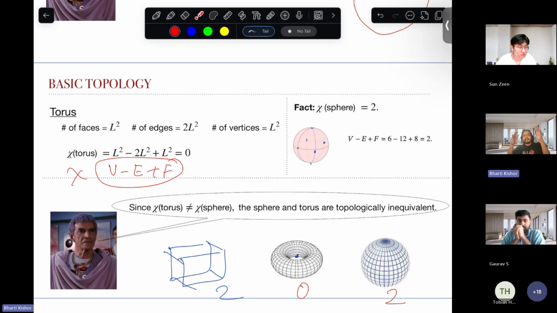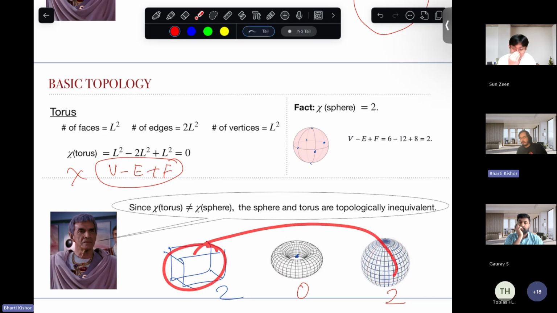You can imagine I can take a cube and just make it like a sphere. Through this bending and stretching, I can go from here to here. But to go from here to here, I had to create holes. So that already tells you that maybe I need to talk about holes, and how to capture that may give us some insight. Okay.